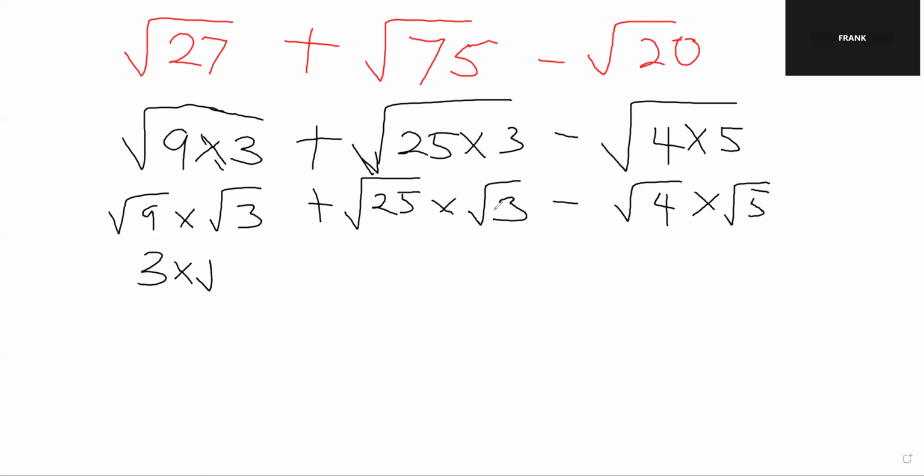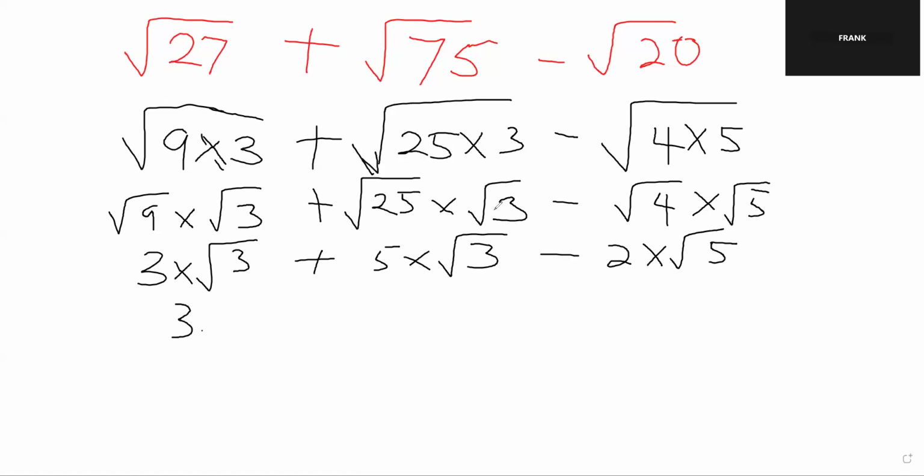Root 25 is 5. Root 4 is 2. So 3 times root 3 is 3 root 3. 5 times root 3 is 5 root 3. Minus 2 root 5.